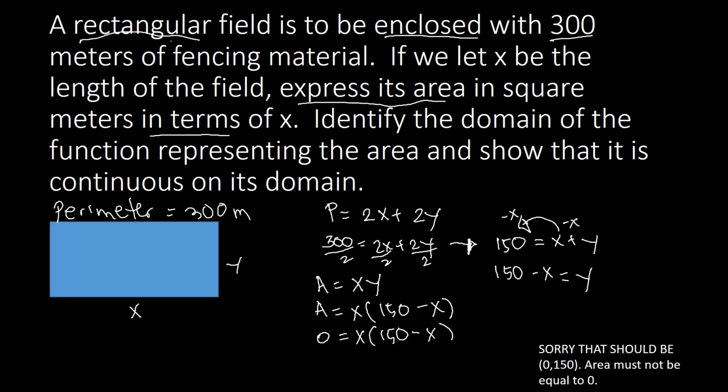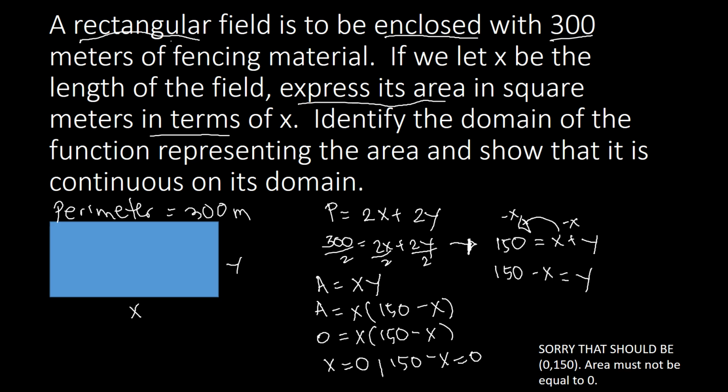We're solving for x, so since this is expressed by factors, we equate our factors to 0. So we have x equated to 0, and the other one, 150 minus x, equated to 0 as well.